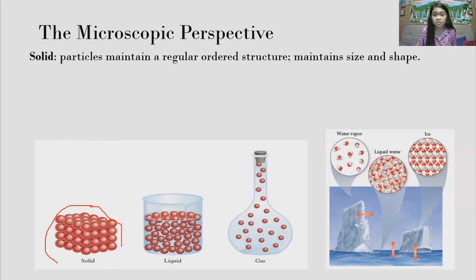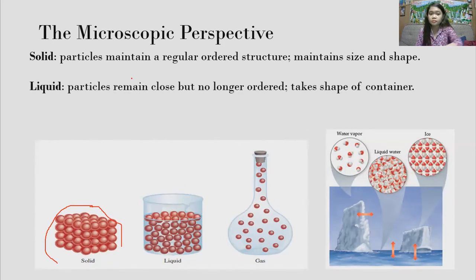So they are considered incompressible. For liquids, the particles remain close but are no longer ordered, so usually it takes the shape of the container. In this picture, liquids are also considered incompressible. Even though the molecules are already close together, they are not as close as in a solid.